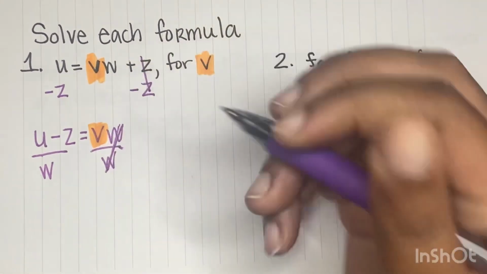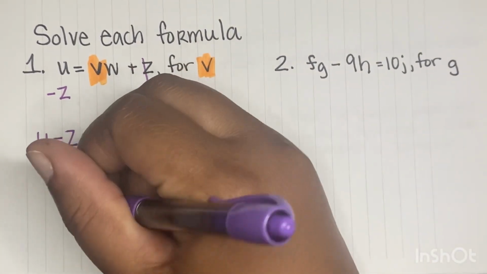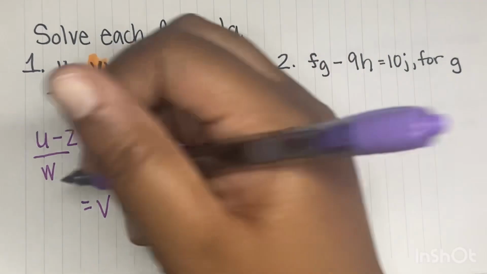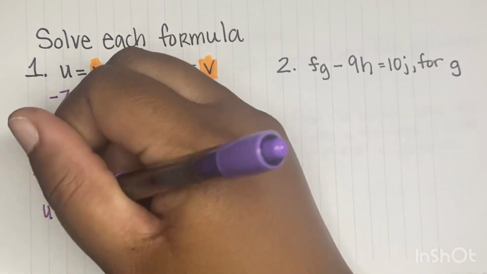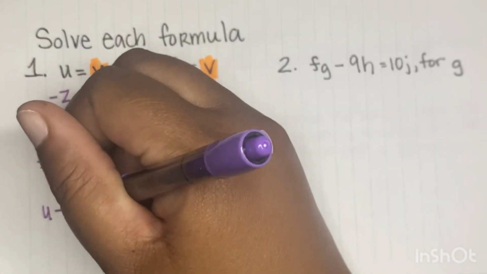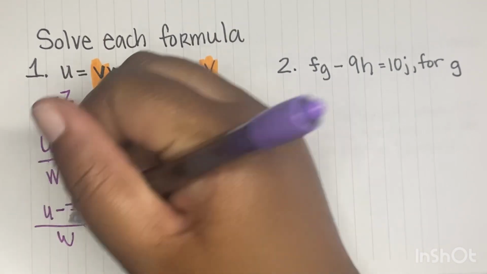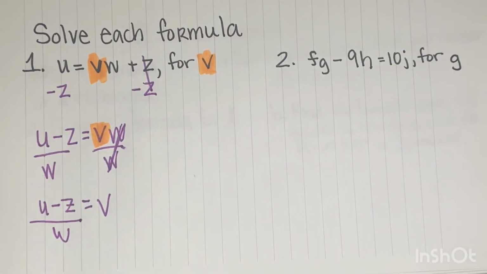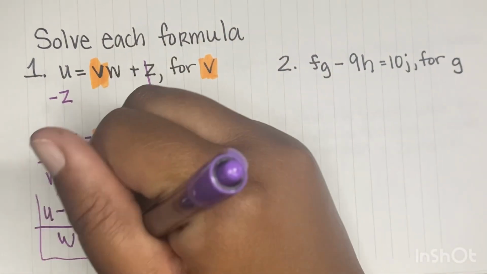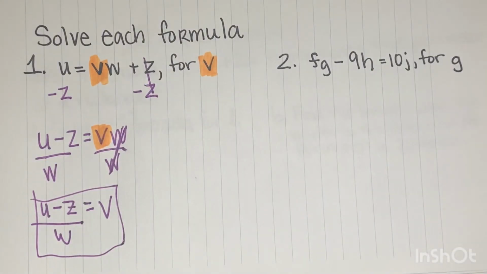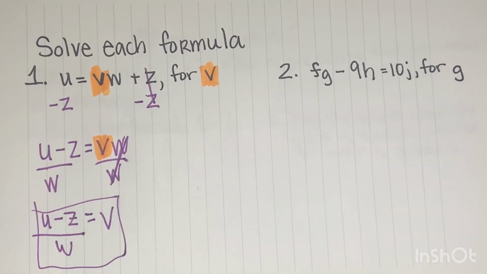These W's will cancel. And so we're left with V equals U minus Z over W. And that is our answer. We solved for V.